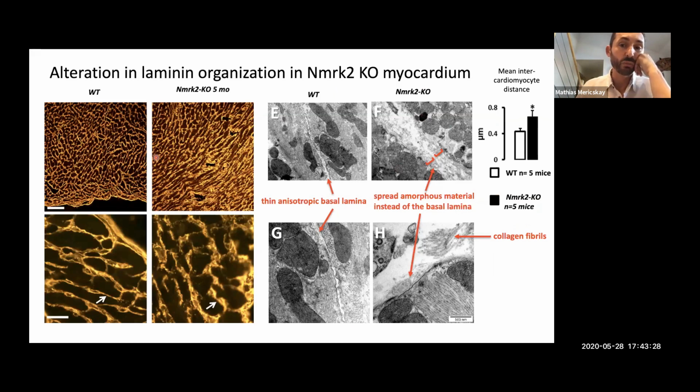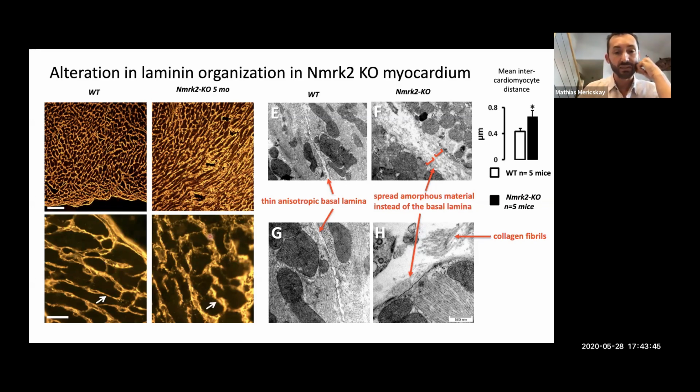On the other hand, what we could find as an earlier phenotype, at about the time when the phenotype is setting in in the mice, is an alteration in the laminin organization in the myocardium of these KO mice.